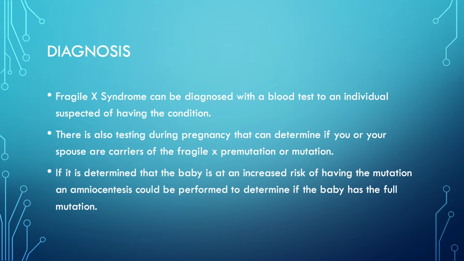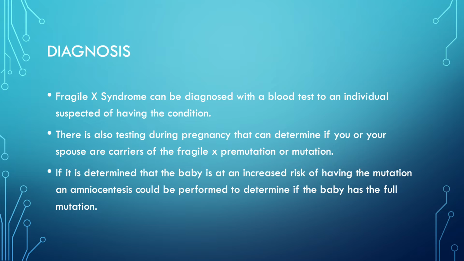Diagnosis of Fragile X syndrome. Fragile X syndrome can be diagnosed with a simple blood test in an individual suspected of having the condition. It can also be done to determine if somebody has a premutation or is a carrier of Fragile X. This testing is often done during pregnancy to determine if you or your spouse would be carriers, putting your unborn child at a higher risk of developing Fragile X syndrome.